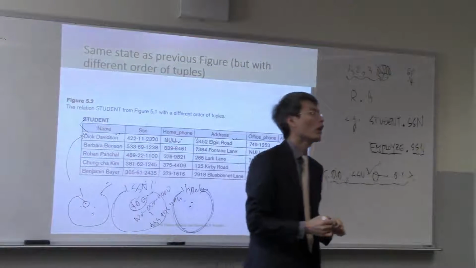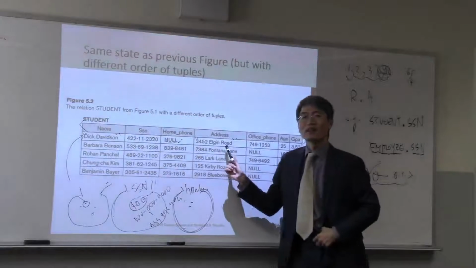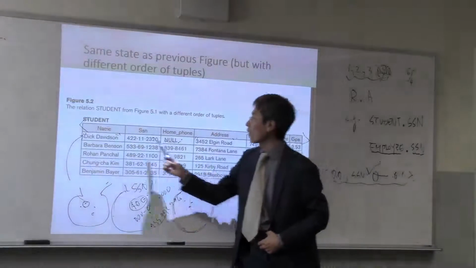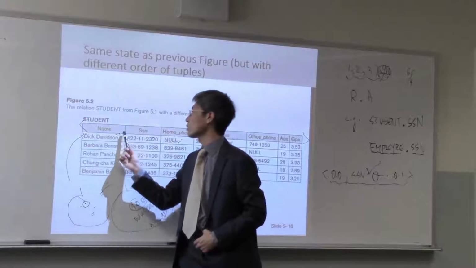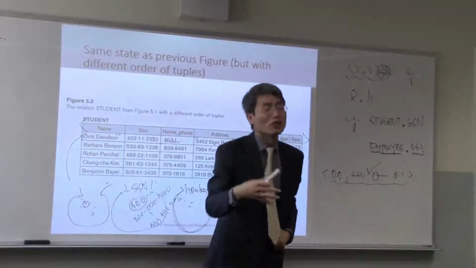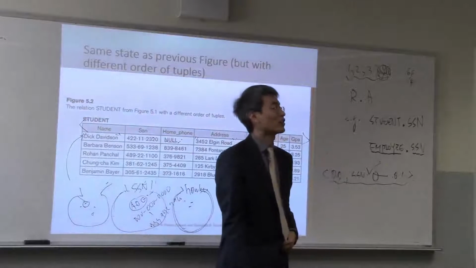Why? If you allow multi-value, like in object-oriented programming, when you search the data, it will be complicated. For example, if you allow multiple names, when you select this data using the social security number, Dick Davidson or the children's names, you cannot find the exact data.